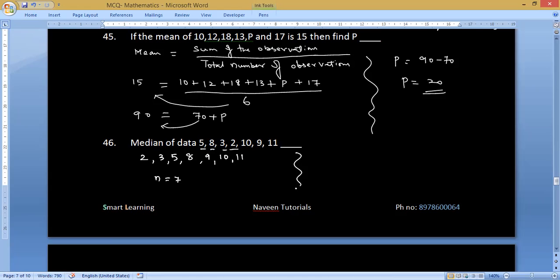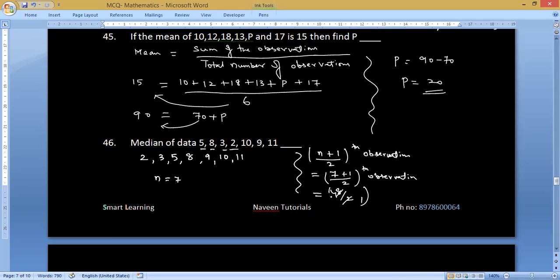For odd numbers, we have the formula (n plus 1) by 2 observation. So n is 7, 7 plus 1 by 2 observation. 7 plus 1 is nothing but 8, 8 by 2, 2 fours are 8.